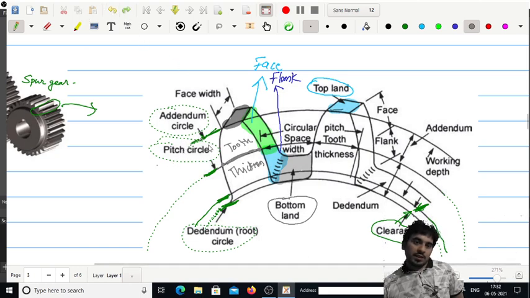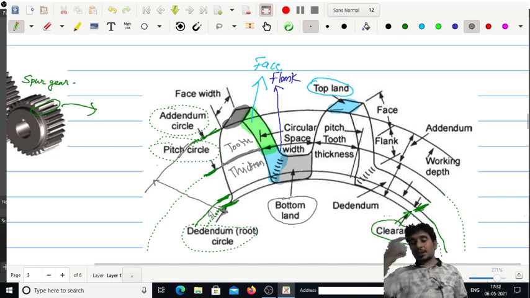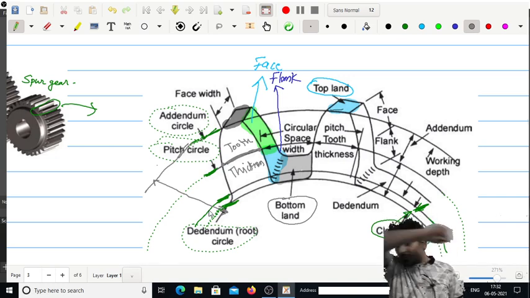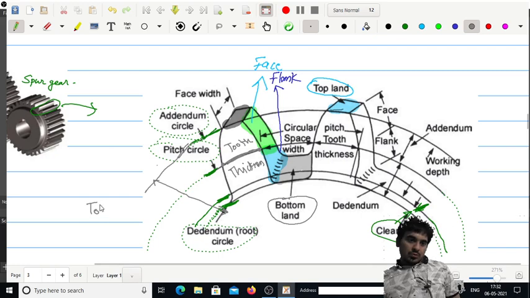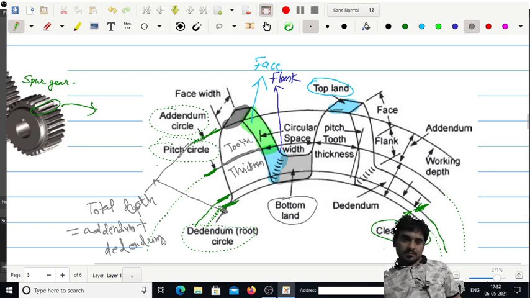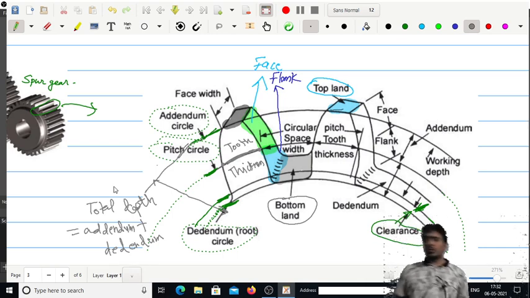Let me draw it again. This is the addendum circle. So from here to the dedendum circle represents the total depth of the tooth, which can be given as addendum plus dedendum. That represents the total depth of the tooth.